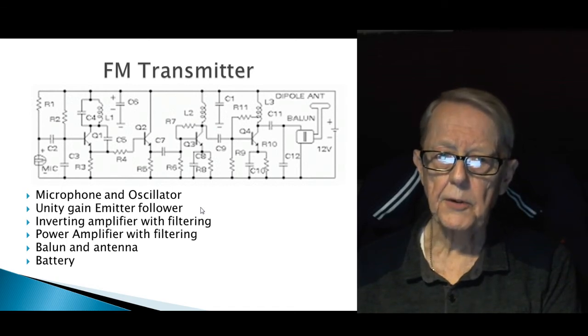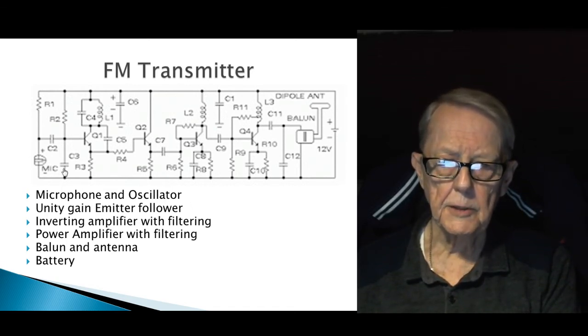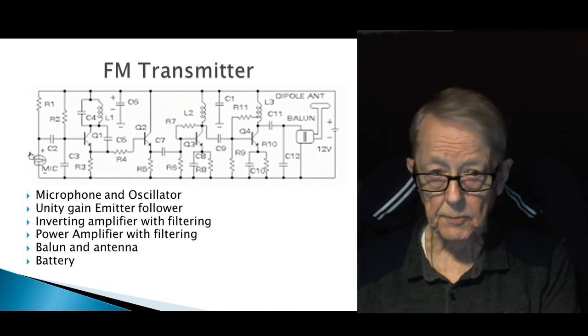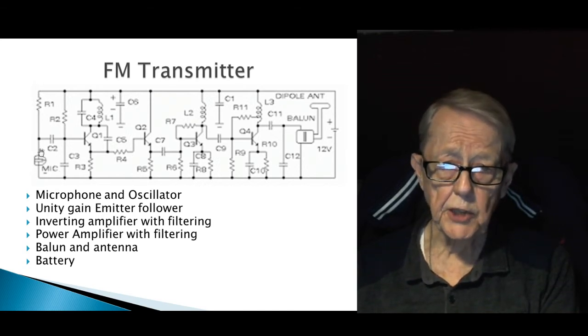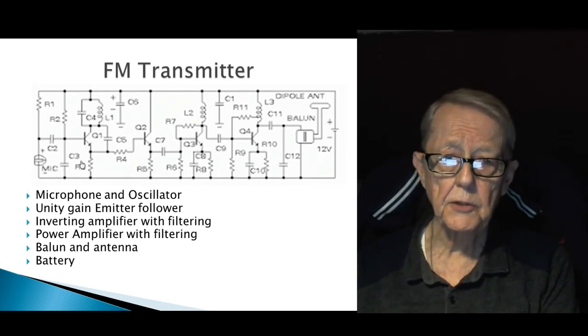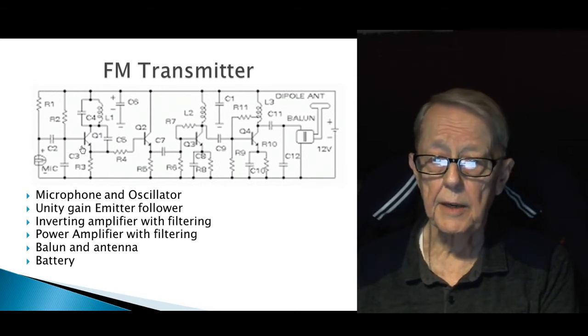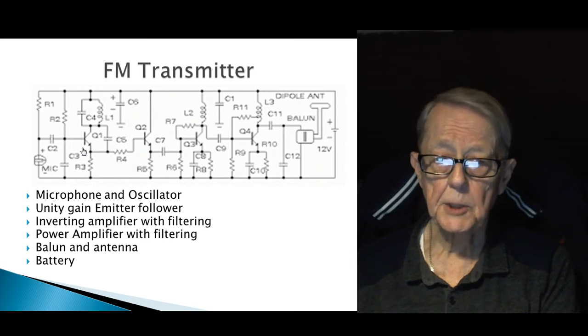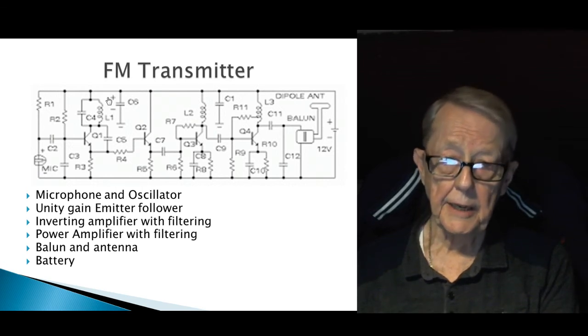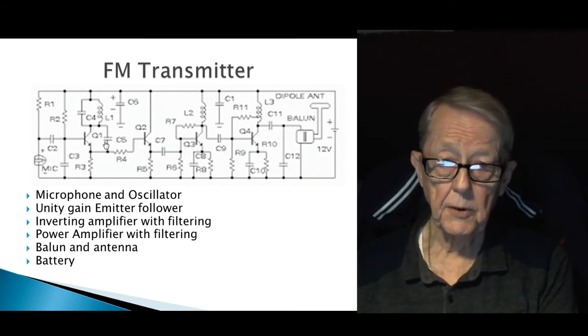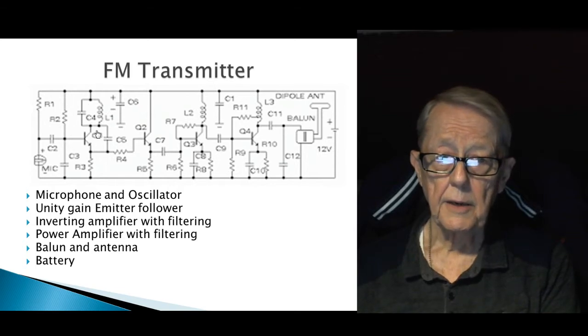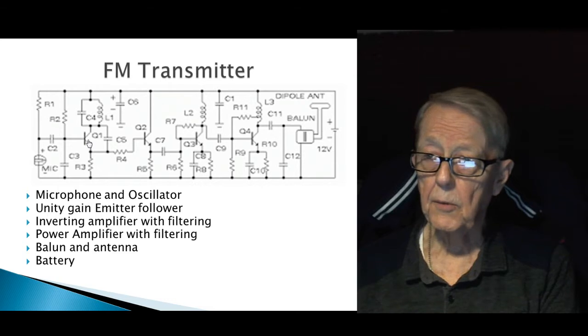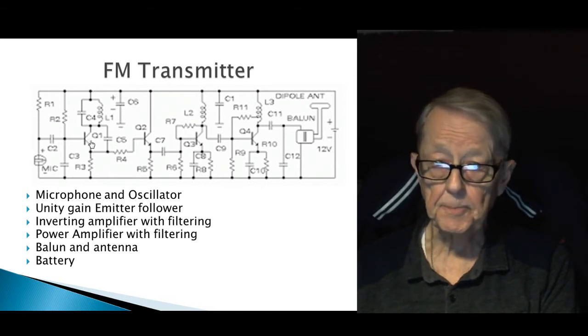So let's look at the transmitter. There's a microphone here that you speak into that changes resistance value as you talk. It is part of an oscillator that is working at, for example, 106.3 megahertz, which is ESPN here in Boca Raton, Florida. And it's oscillating, creating a wavelength of about 3 meters, 10 feet.